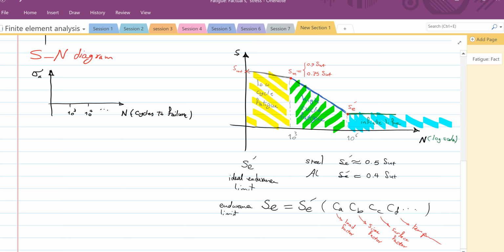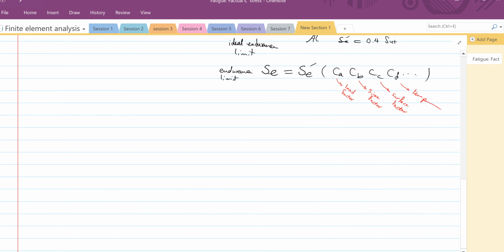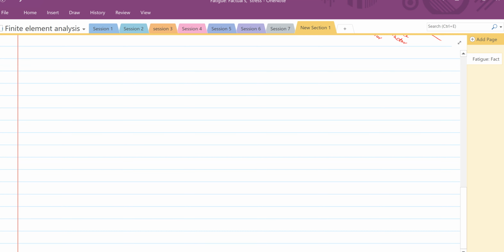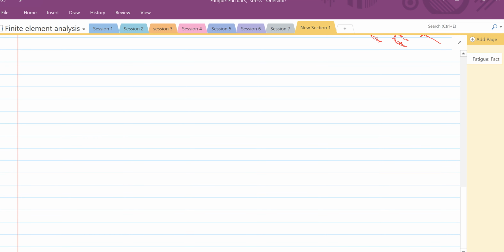Okay, let's go one step further. So up to this stage, we understand that when we have cycling loading, the failure stress would be much smaller than the ultimate or yield stress.